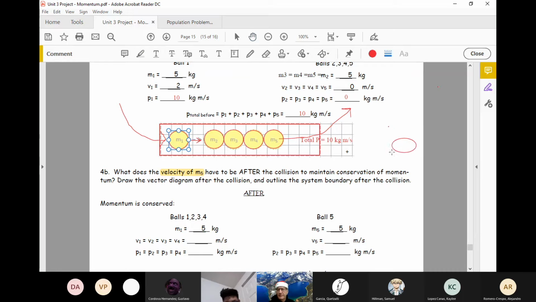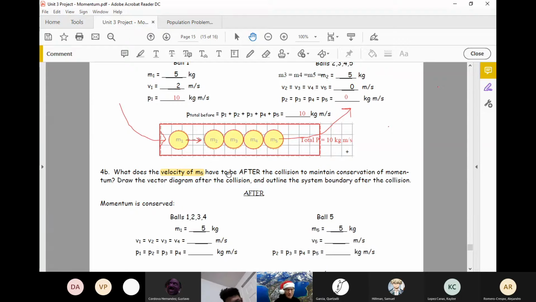Let's think about that. Oh, here's a hint. Momentum is conserved. What is the velocity of M5, mass 5, or ball 5? What does the velocity have to be after the collision to maintain conservation of momentum? Then we're going to draw the vector diagram, we're going to do some calculations, etc.